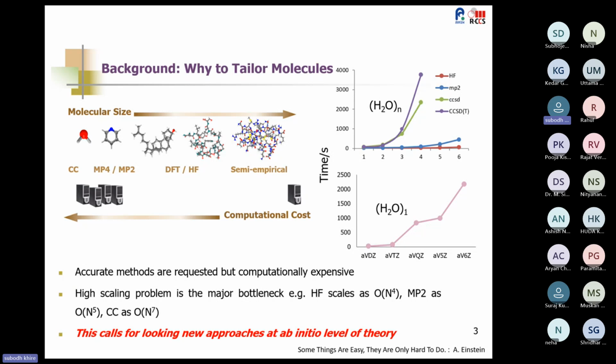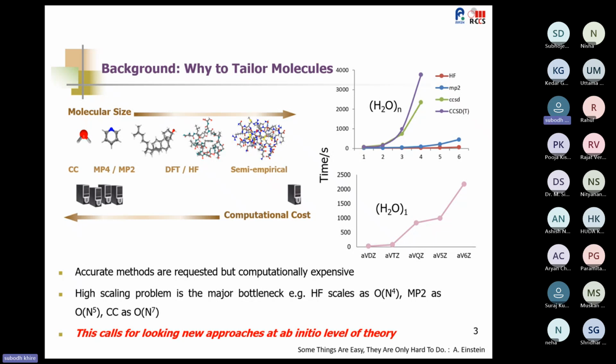So overall, looking at this picture, while doing calculations on a large molecular system with a reasonably large basis set and a good level of theory, we are stuck and we are not able to do the things. And this calls for looking at new approaches in ab initio level of theory. And this was the motivation of why to tailor a molecule or why to fragment a molecule.